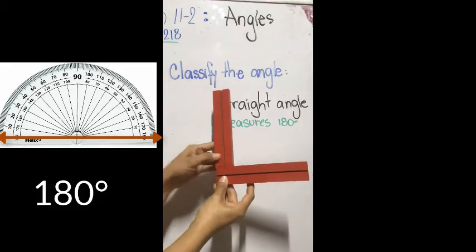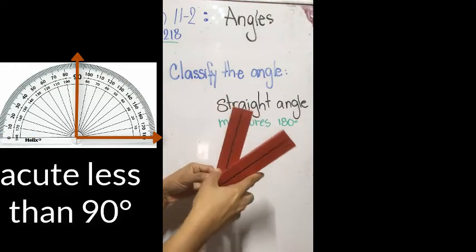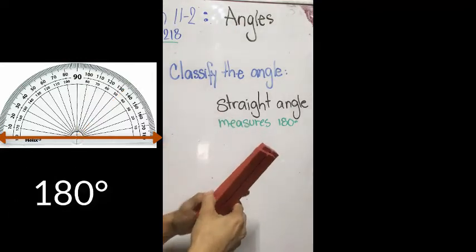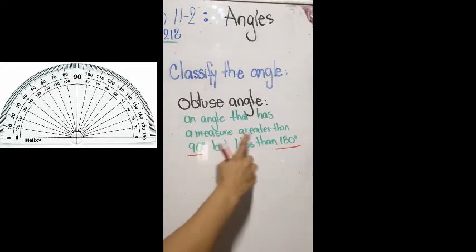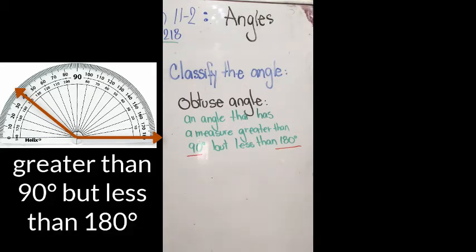Remember, this is our right angle, acute angle, and a straight angle. Now it is missing one. The last kind of angle is the obtuse angle, and something important about this is that the measure is between 90 and 180, but has to be greater than 90 and less than 180.